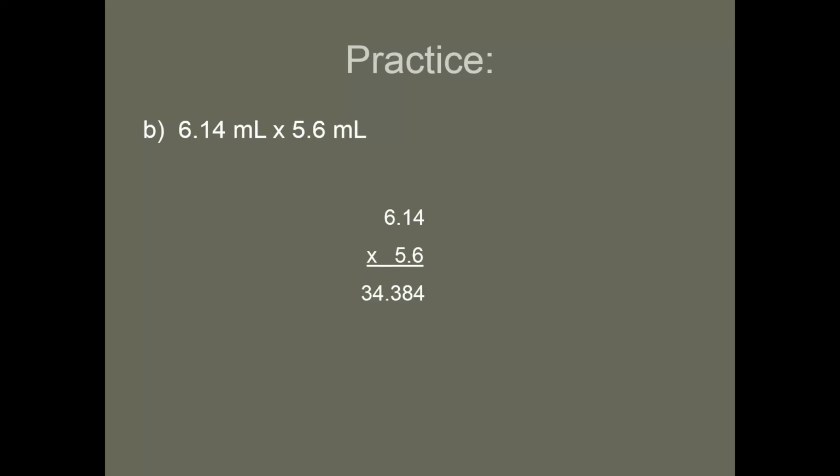So yes, totally use a calculator. But now we know it's 34.384. If that were the math problem, we're done. It's a science problem, so we have to go back. Here's 3 significant figures, here's 2 significant figures. My answer has to have 2 significant figures, so I'm going to report 34 milliliters.